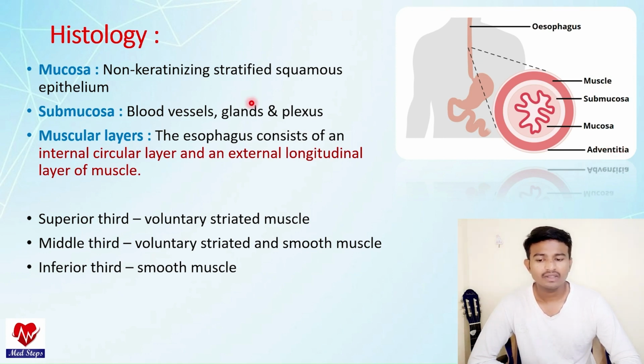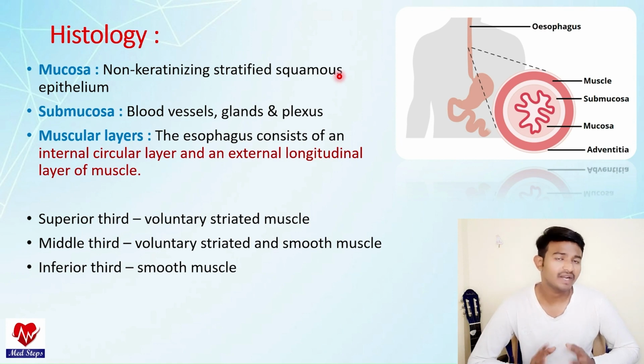The mucosa is made of non-keratinized stratified squamous epithelium. In the submucosal layer, you will get blood vessels, lymphatic vessels, some glands, and a plexus. In the muscular layer, you will get two layers: circular and longitudinal.